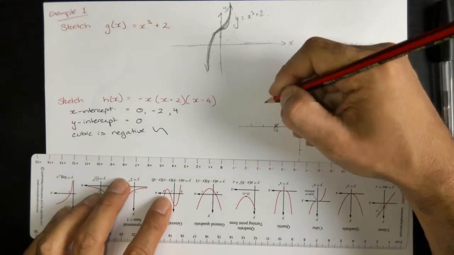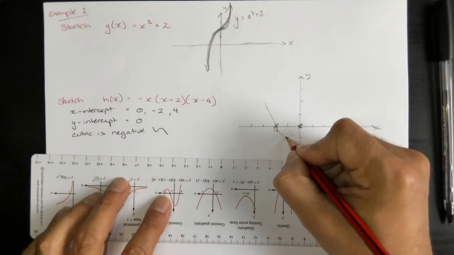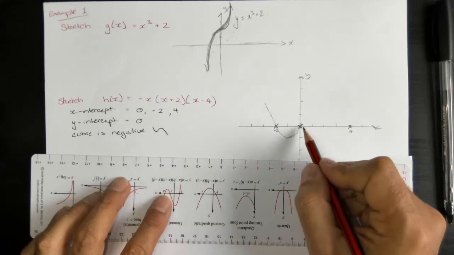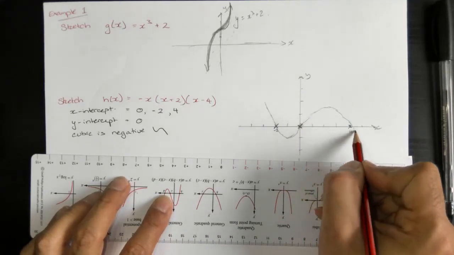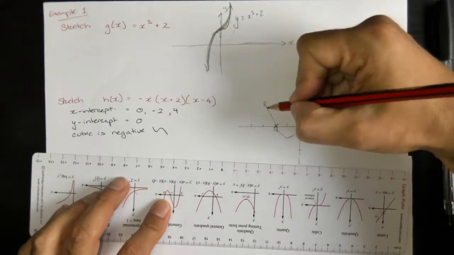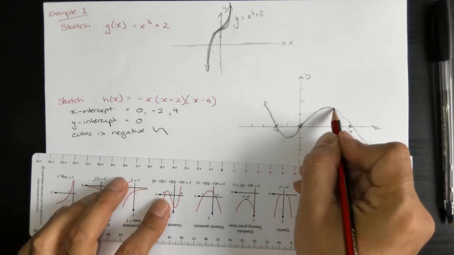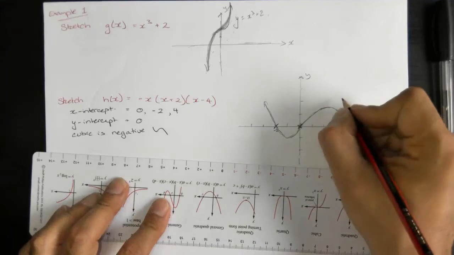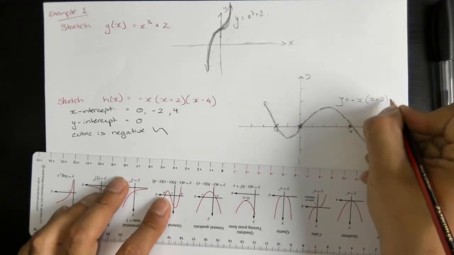So we should have a function that will look like that. So y equals negative x, (x plus 2), (x minus 4).